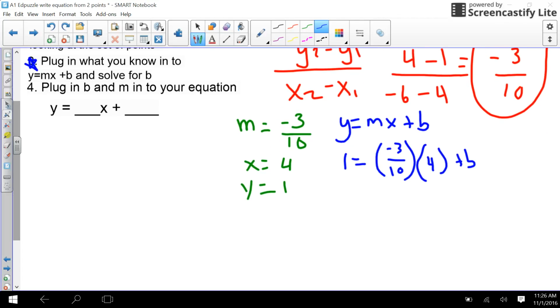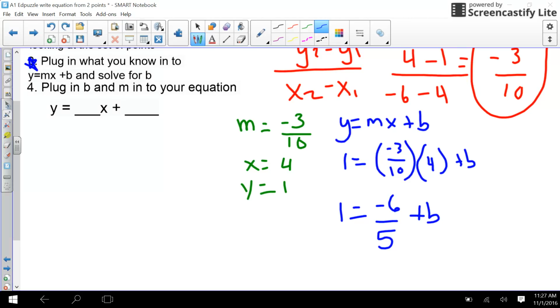So I'm going to type in my calculator negative 3 over 10 times 4. I get negative 1.2. Let's see what that looks like as a fraction. As a fraction, it's negative 6 over 5. So let's just use that, because your SOL likes fractions and not decimals. So we have 1 equals negative 6 over 5 plus b.